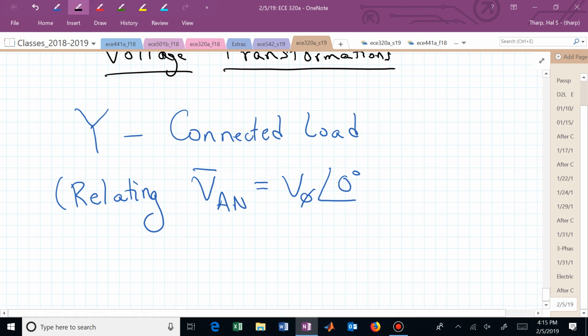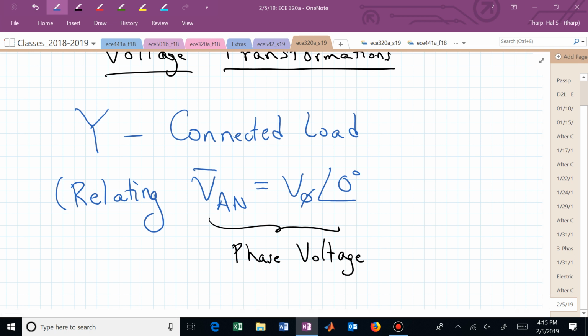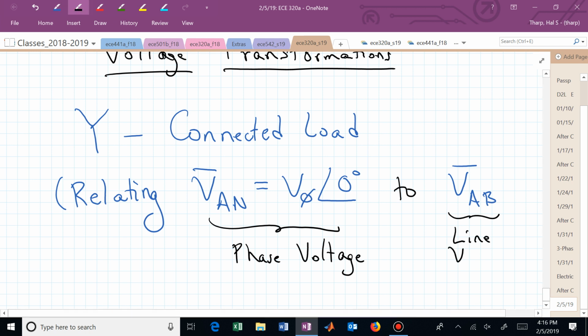This is our phase voltage. And we're really relating this to the line voltage, which is V sub AB. Is it possible to find a fixed relationship? How does the magnitude change? How does the phase change between V sub AB and V sub AN in a balanced three-phase configuration?